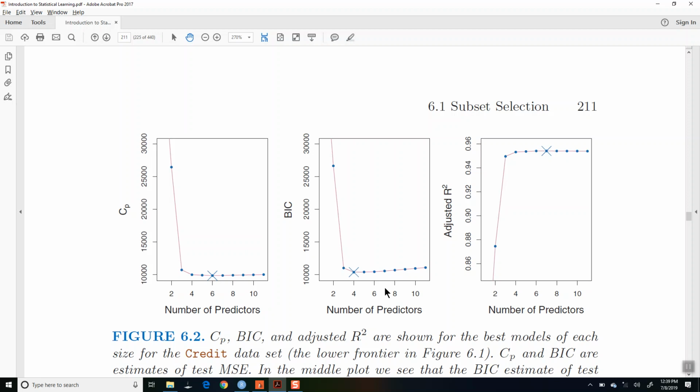Maybe I want the simpler model where I only have 4 predictors. That's easier to understand, right? Or maybe for me it's most important that I squeak out just a little extra sliver of better predictions, and so maybe I do want to include a couple more predictors, okay?